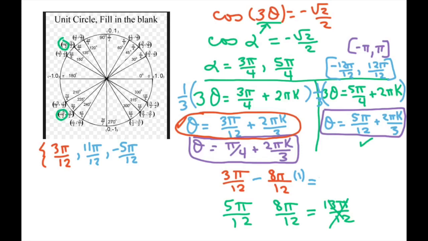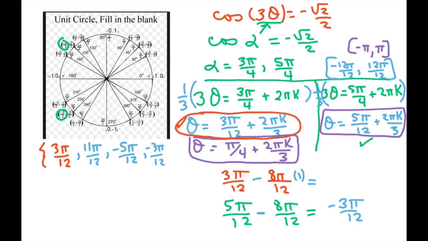Because we have to go negative, that would be k is negative 1. I'm not going to write it, it's just confusing. And that's going to give you negative 3 pi over 12. And that works. 5 minus 8 is negative 3, so that's negative 3 pi over 12.